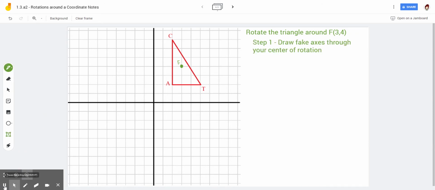So step one is to draw fake axes through your center of rotation. If you hold the shift key down while you're trying to draw, it'll draw a straight line in Jamboard, which is super useful.